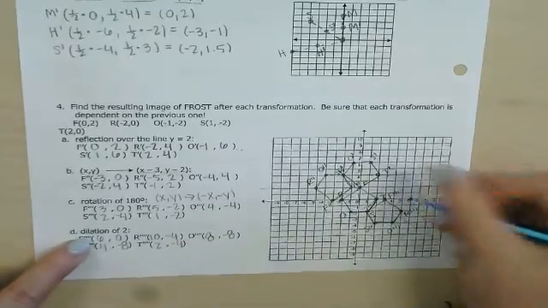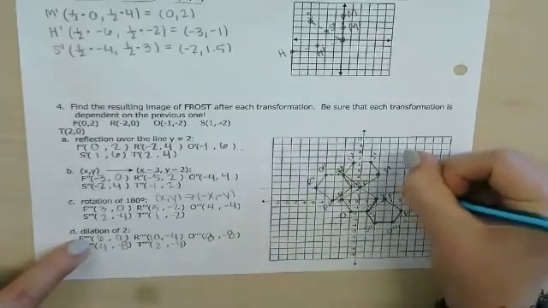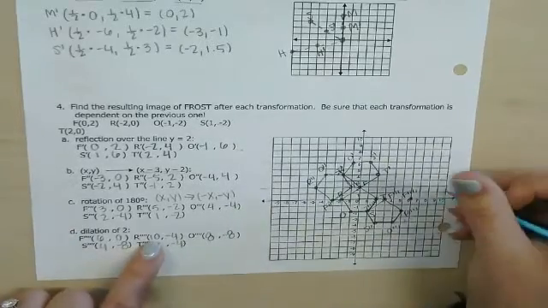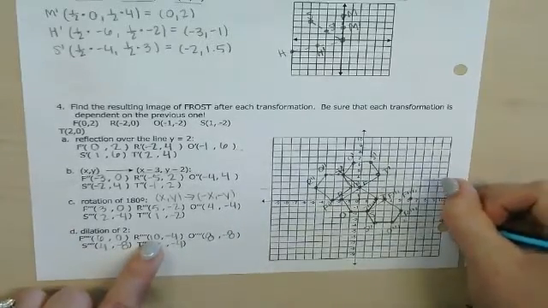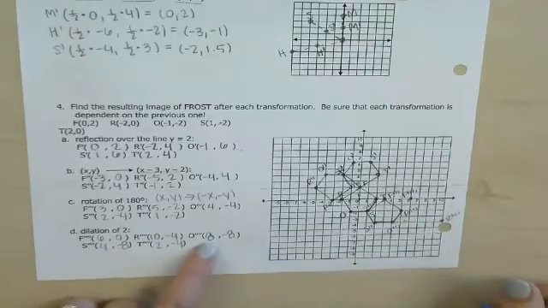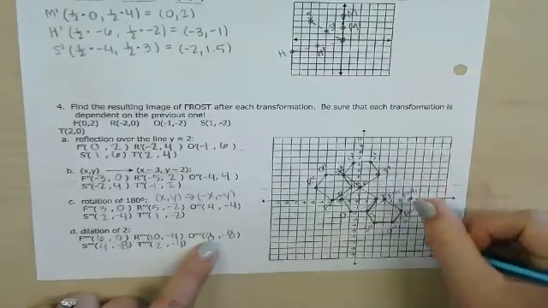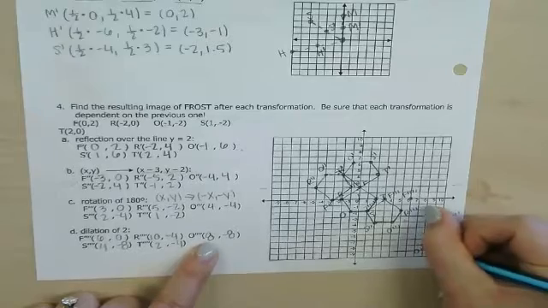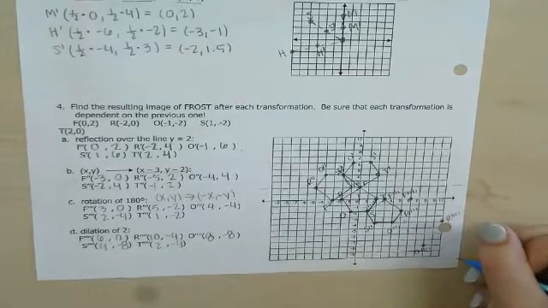So at 6, 0 is F quadruple prime. At 10, negative 4 is R quadruple prime. At 8, negative 8 is our O quadruple prime.